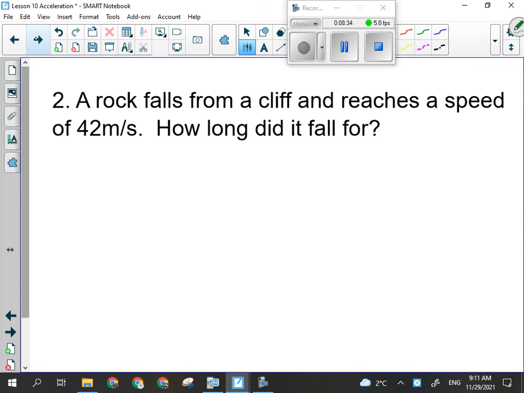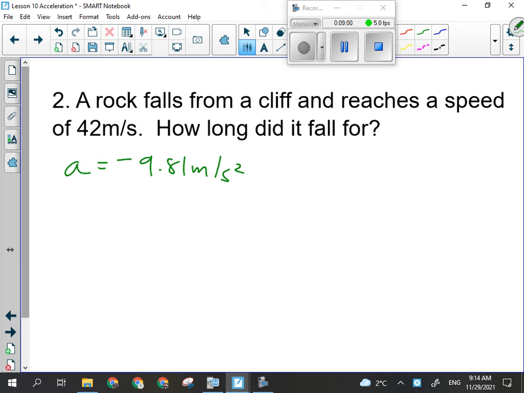There's no hidden meaning, but there's hidden stuff. What are the tricks to this one? Gravity is your acceleration. Okay, so that's the first trick. We have to recognize that since it's falling, the acceleration due to gravity is negative 9.81 meters per second squared, or 9.81 meters per second squared down.